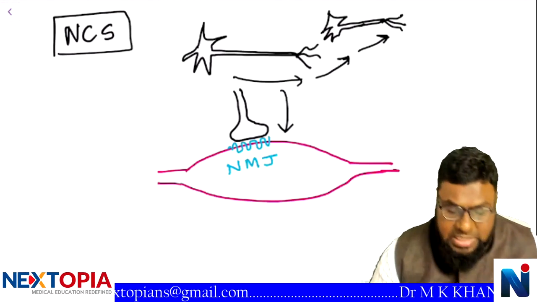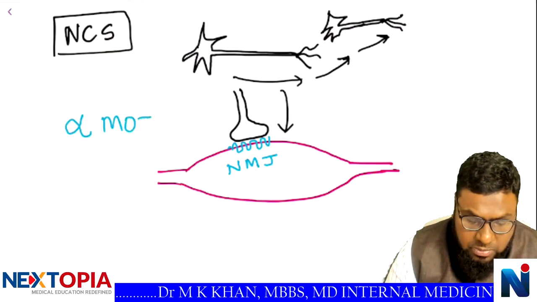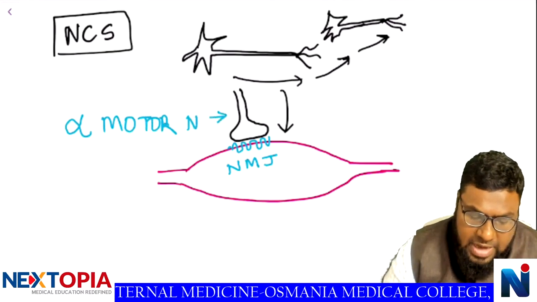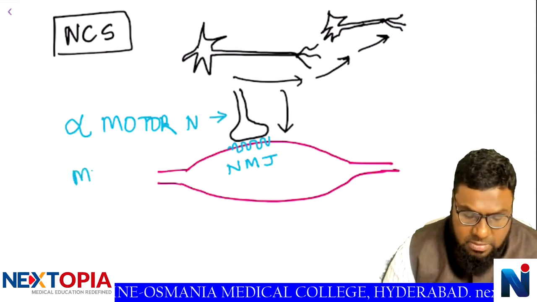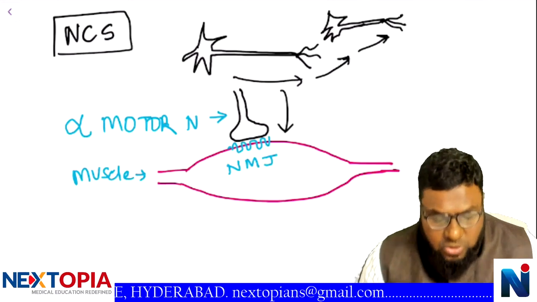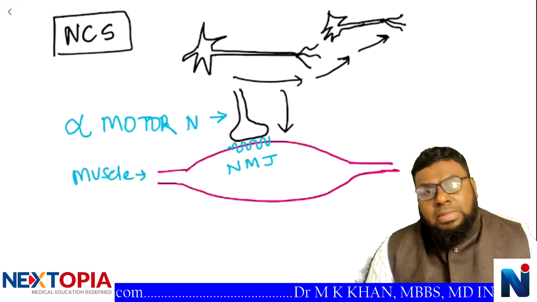Neurons are of different types. Here we are talking about one important neuron called the alpha motor neuron. This is an alpha motor neuron and this is a muscle. The junction between these two is the neuromuscular junction.